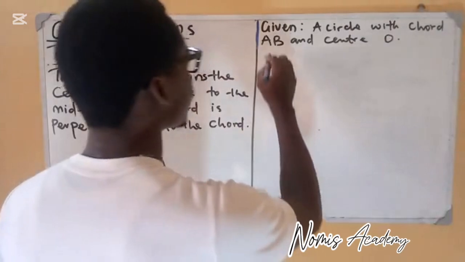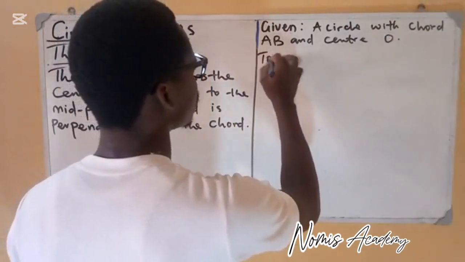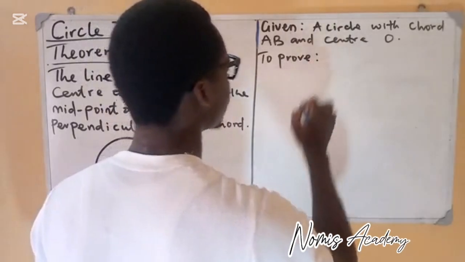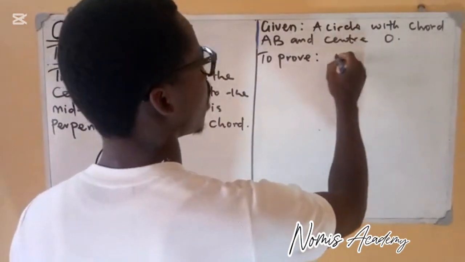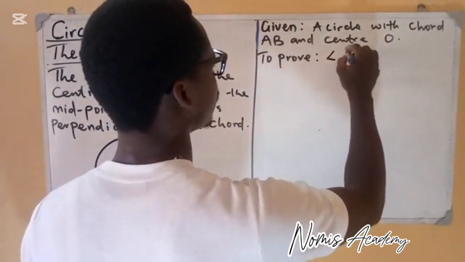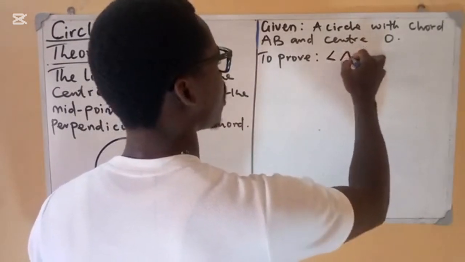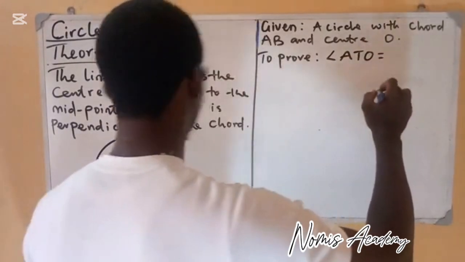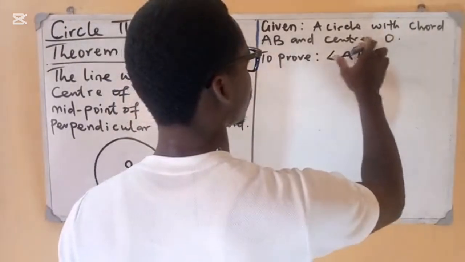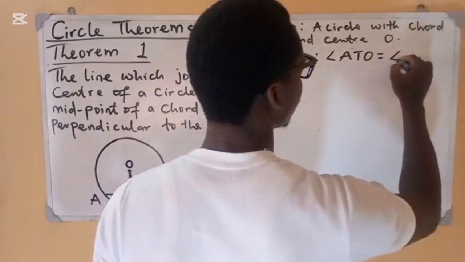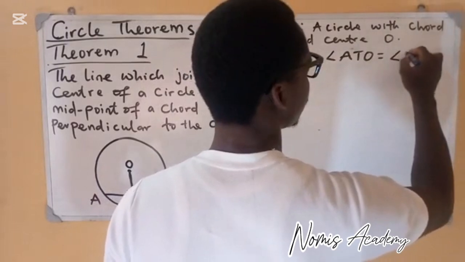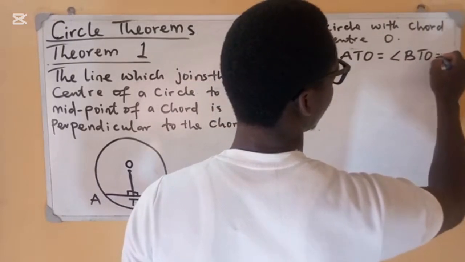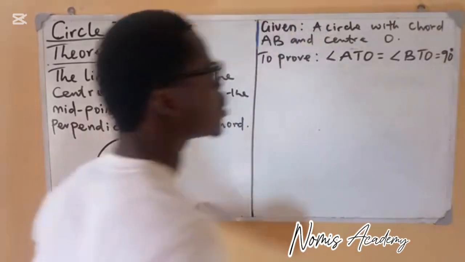Now we are to prove that angle ATO is equal to angle BTO, and then it is equal to 90 degrees.